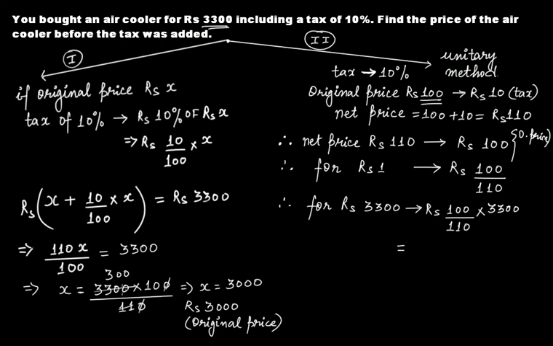This is exactly the same as 100 multiplied by 3300 divided by 110. If you solve it, it's exactly the same. You get rupees 3000. So this rupees 3000 is the original price that doesn't include this 10% tax. Okay.